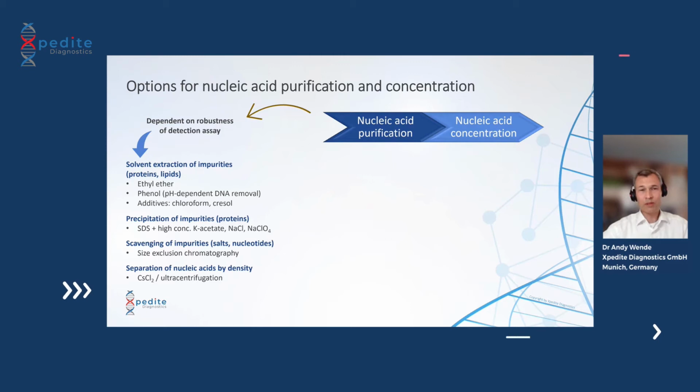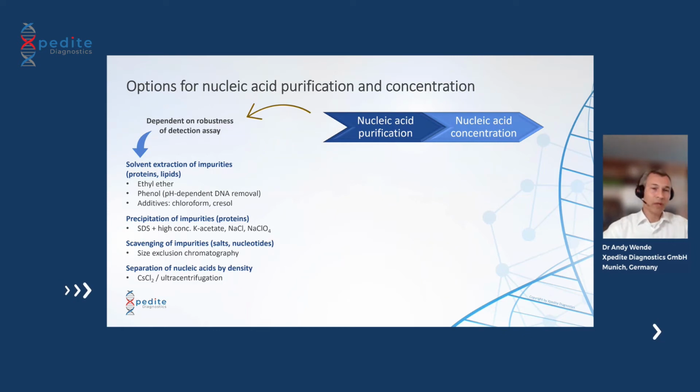Another possibility is to scavenge the impurities by something like size exclusion chromatography, where you run your sample through chromatography, and it's basically a gel filtration process where all small molecules and compounds like salts and nucleotides and short oligonucleotides would basically interact with your column, and the nucleic acids would just flush through, and by that you can separate them.